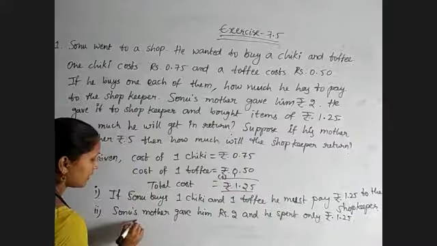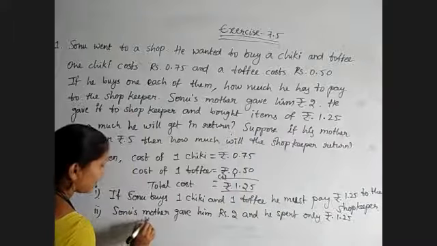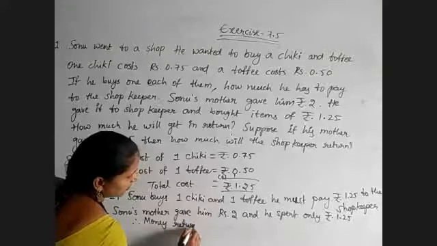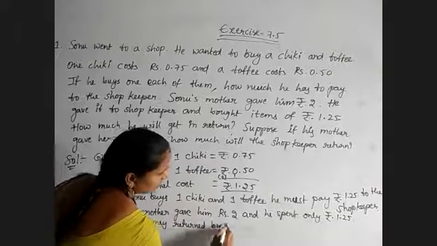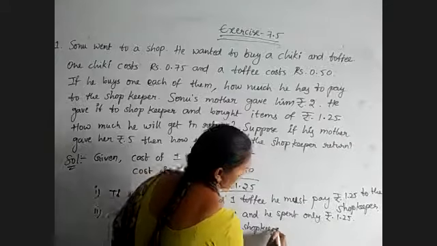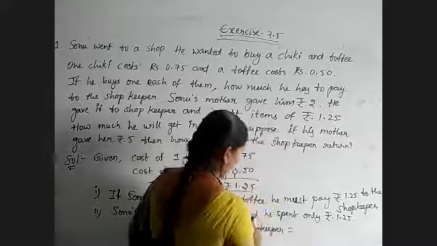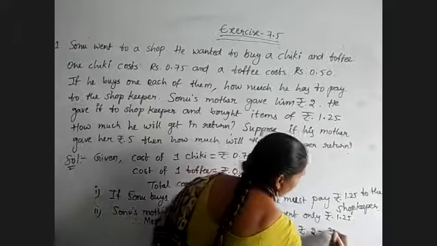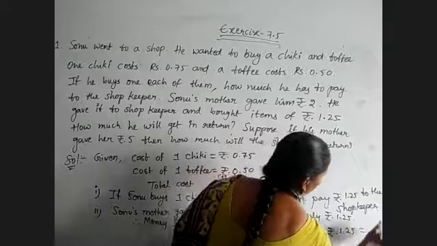Therefore, money returned by the shopkeeper is equal to 2 rupees minus 1.25 rupees. So subtract and find out.